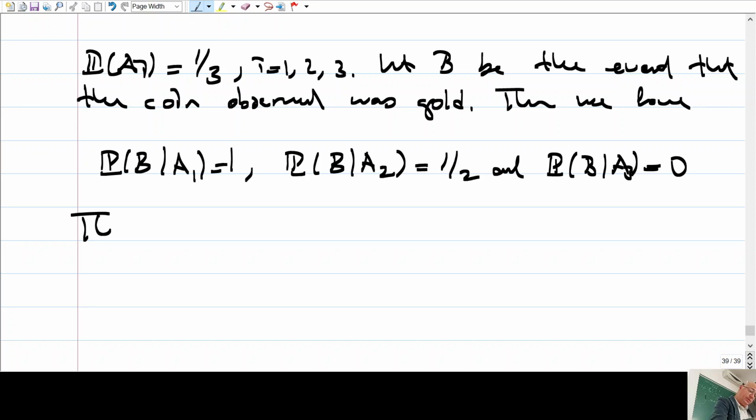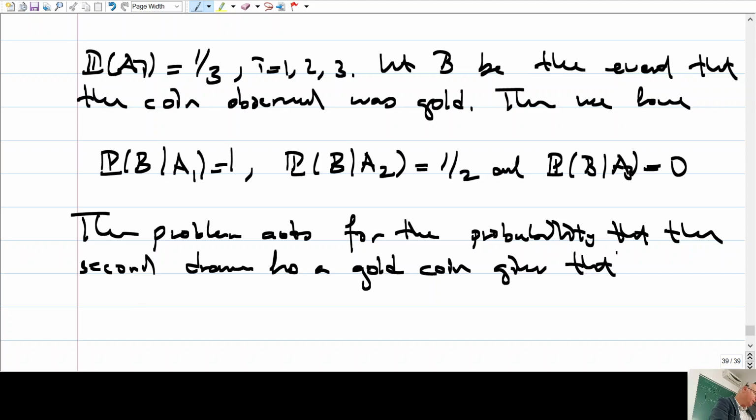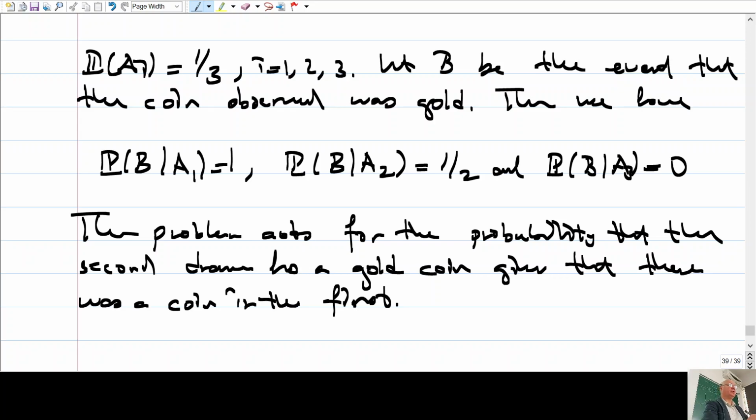The problem asks for the probability that the second drawer has a gold coin, given that there was a gold coin in the first, right? You open the first drawer and gold comes out.